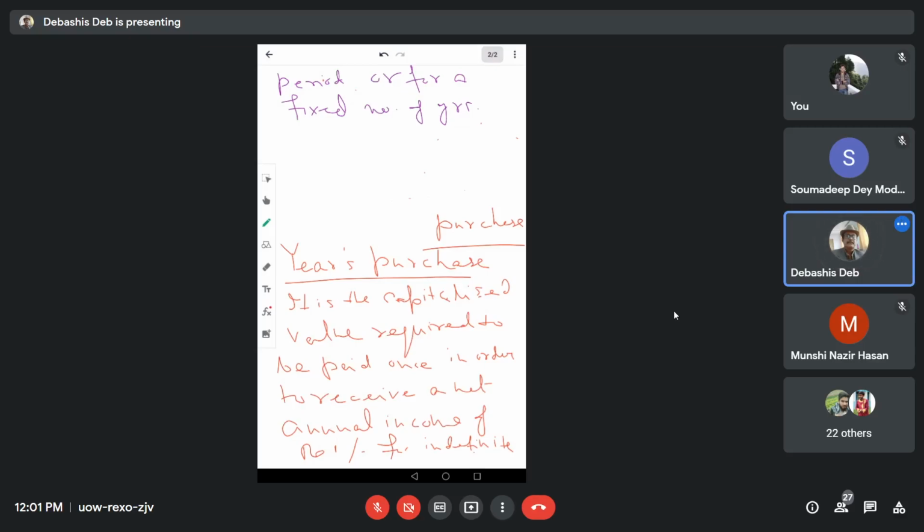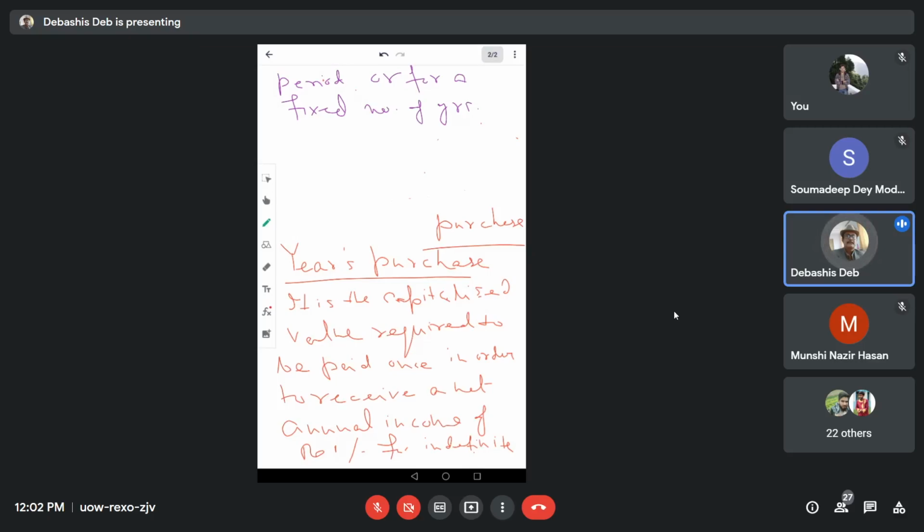So for receiving 5 lakhs at the end of each year for 10 years, my capital value is 20 lakhs. Alternatively, if I purchase some land at the cost of 50 lakhs, and the land is given on a long-term lease, and I am receiving rupees 5 lakhs at the end of each year, then for obtaining rupees 5 lakhs in the form of net return, my capitalized value is 50 lakhs.